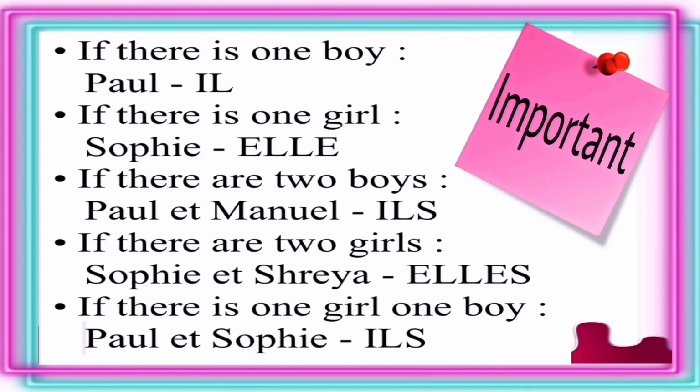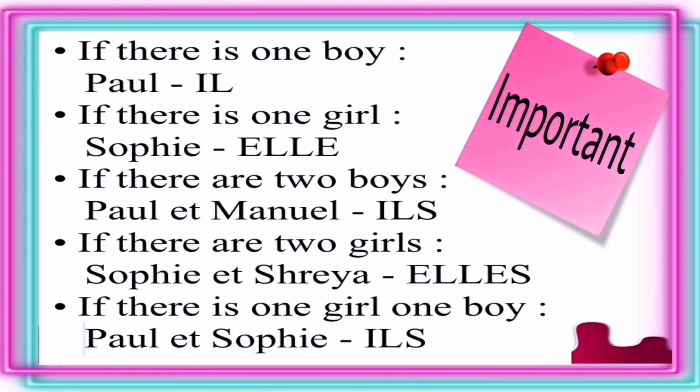While conjugating, if your subject is a name of a boy, then use il. For example, your subject is Paul. Now Paul is a boy, so we will conjugate the verb with il. Similarly, if it is a girl, then use elle. If there are two boys, then we will conjugate the verb in the context of they, that means with ils plural.